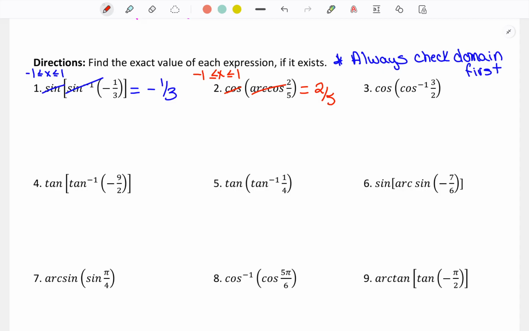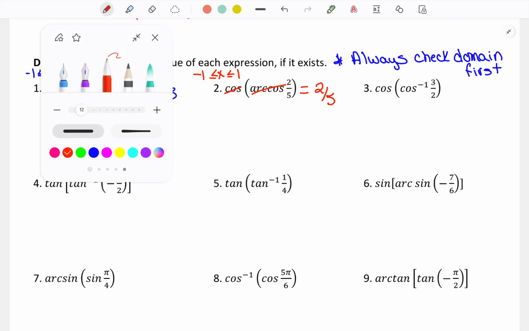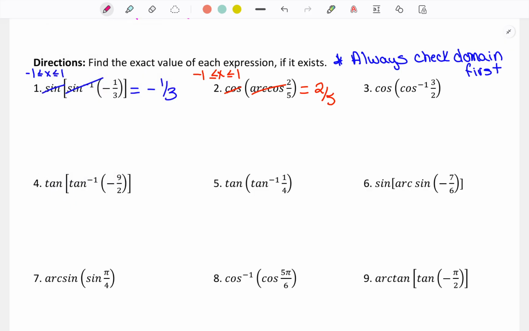Then next on number 3, we have the cosine of the arccosine of 3/2. Remember, we have cosine, so this has to be between -1 and +1. And 3/2 is larger than 1, which is outside of that domain. So this does not exist.